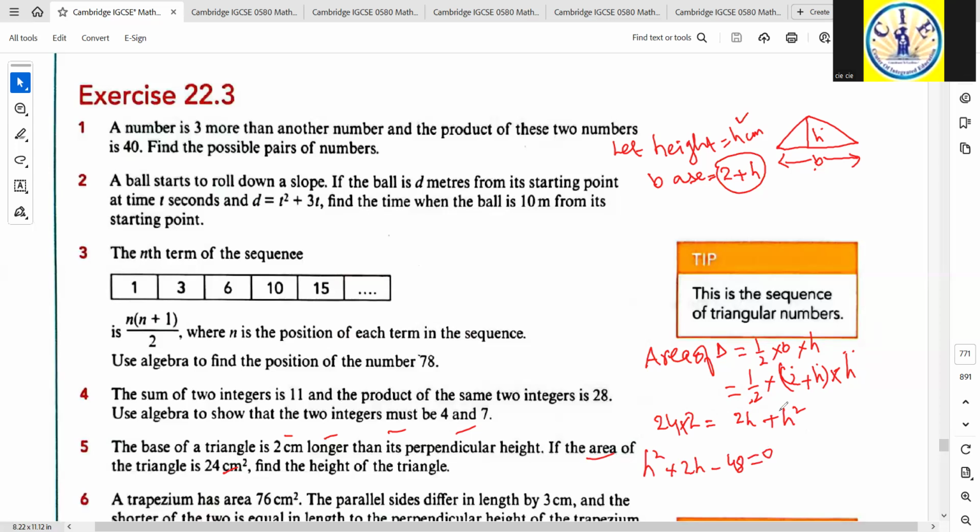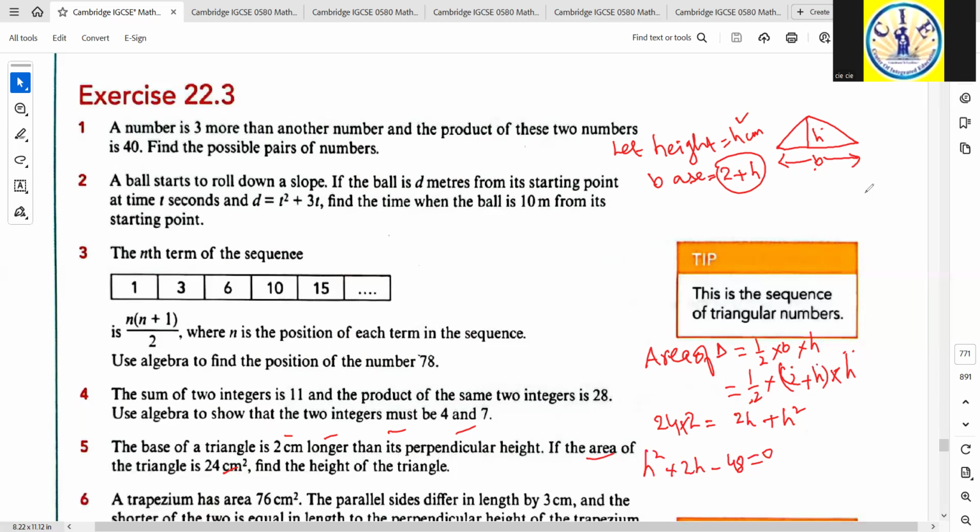Now it is a quadratic equation, and we can try to simplify it using the factorization method.